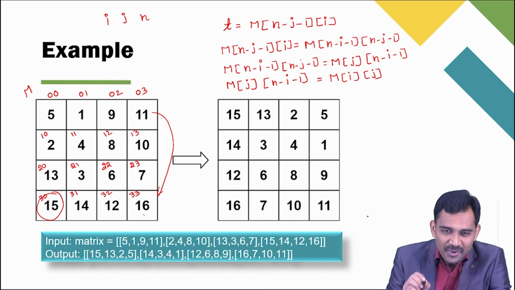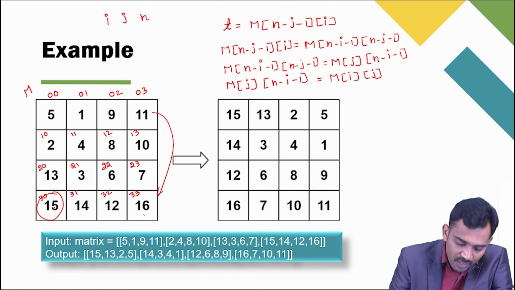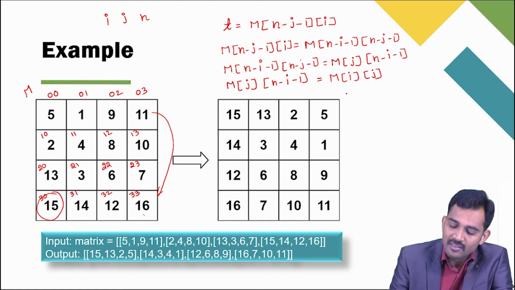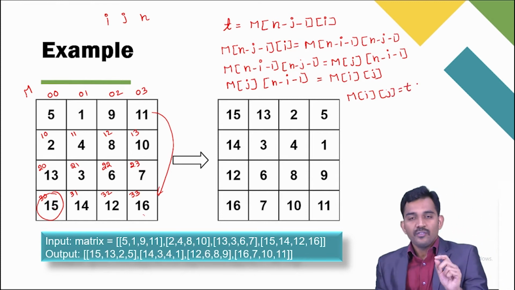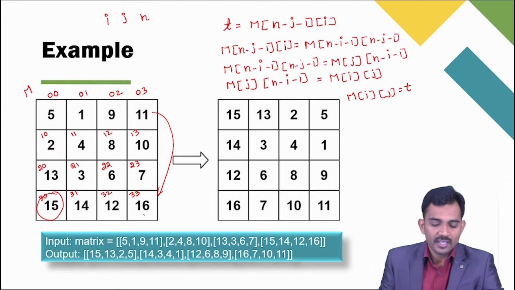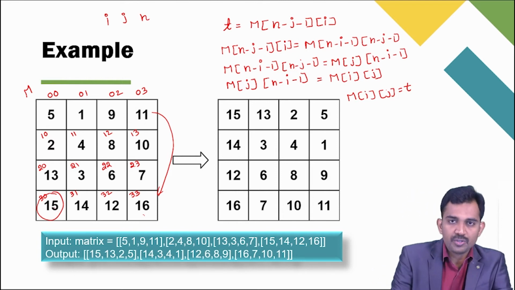Right? Now, observe clearly, my temporary value is stored at where? Where should it change? Store m of i and j is equal to t. That's all. When you perform first time, then the first iterations are going to change.